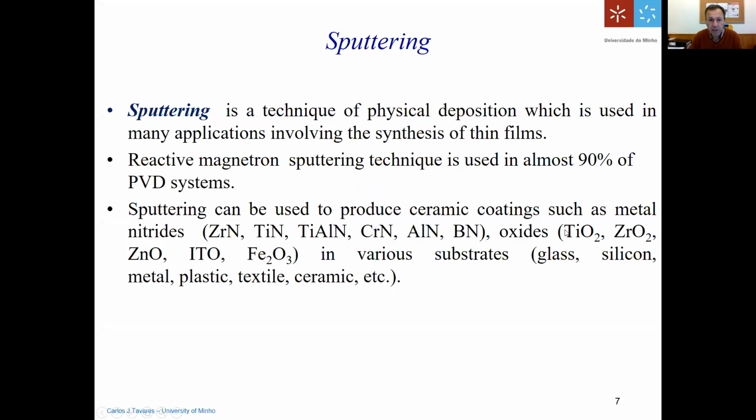So sputtering is a physical deposition technique, and it's used in many industrial applications for the synthesis of thin films. Applications include, for example, metal layers for metal contacts in electrodes. Also, in most cases, wear prevention on tools, like screwdrivers, drills, and cutting tools for metal sheets.